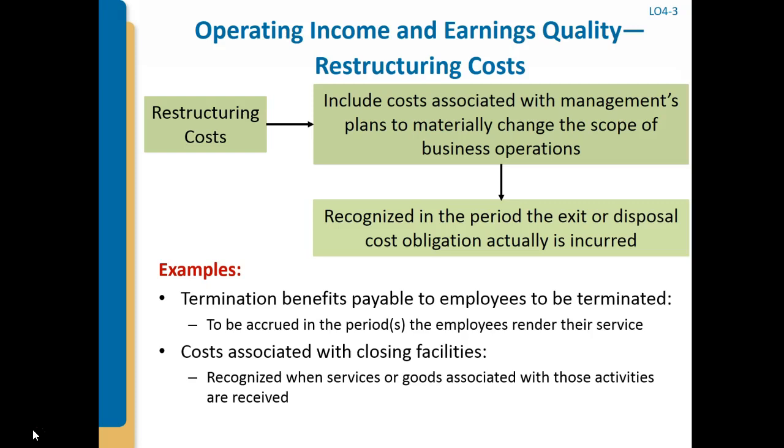GAAP requires initial measurement of these liabilities to be at fair value, which often is determined as a present value of future estimated cash flows. Companies also are required to provide many disclosures in the notes, including the years over which the restructuring is expected to take.